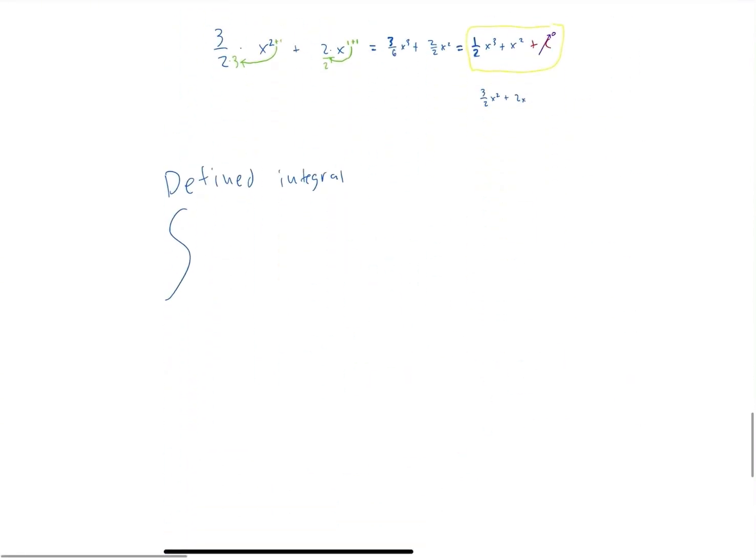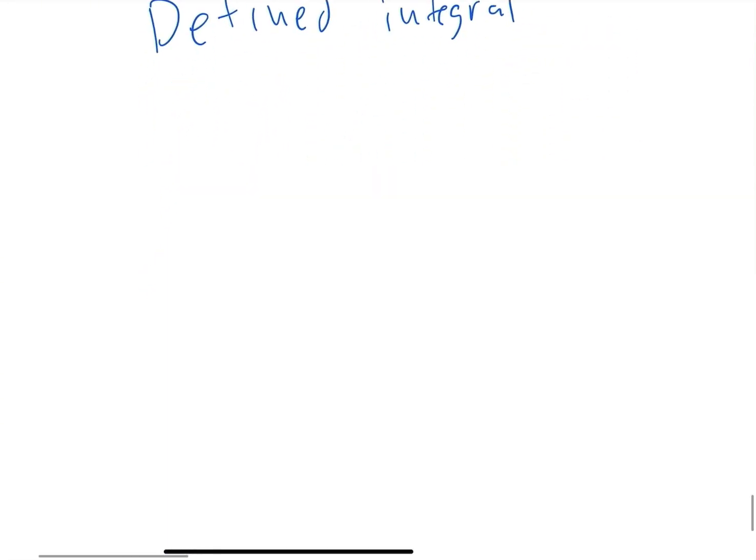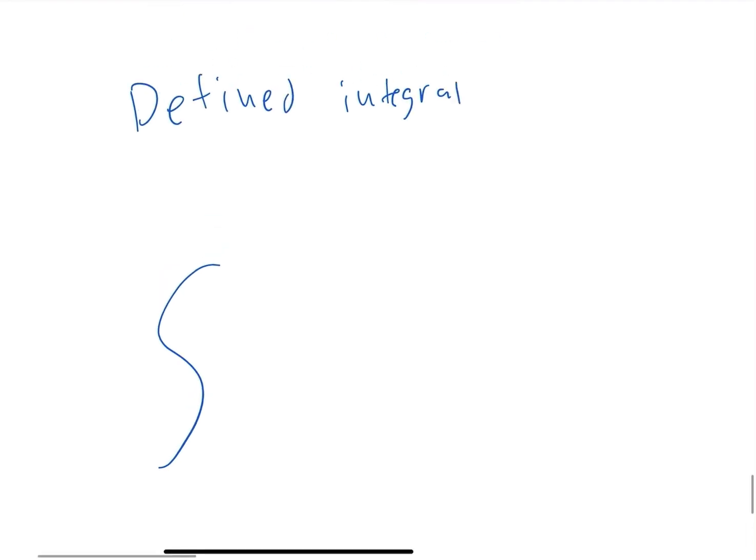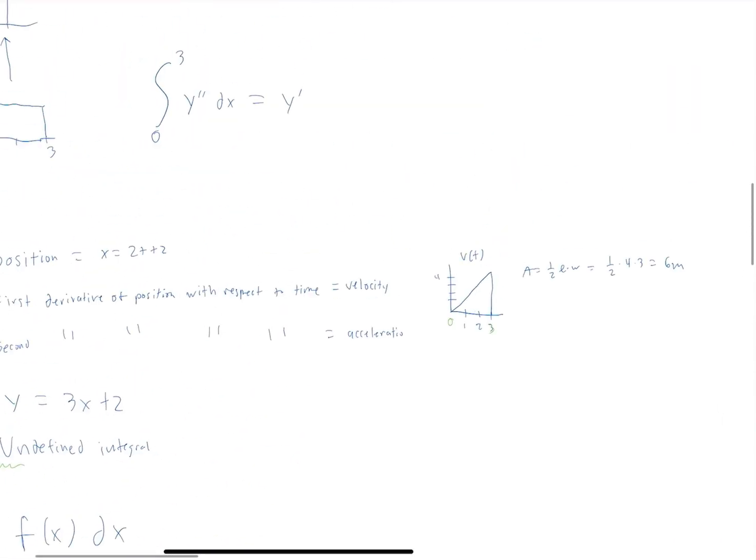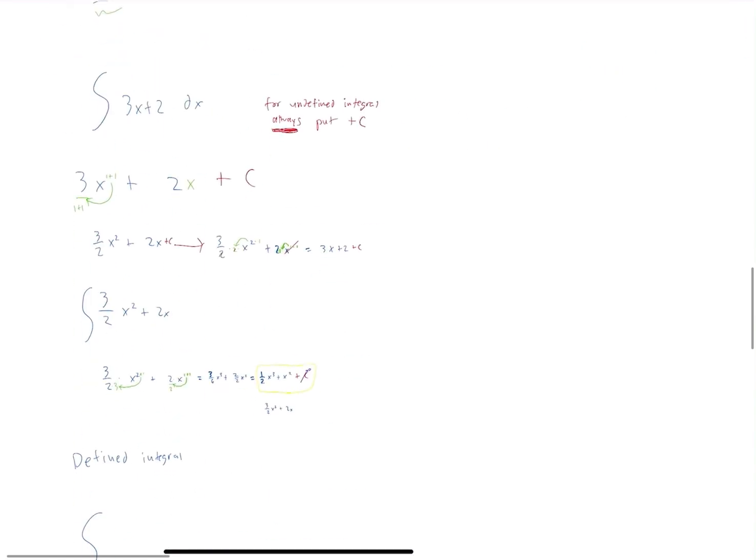So going back down to the definite integral, let's look at the example I was using, from 0 to 3. We start at 0 and end at 3, of 3x plus 2 with respect to x. Saying dx means that we're integrating the x term in this function.